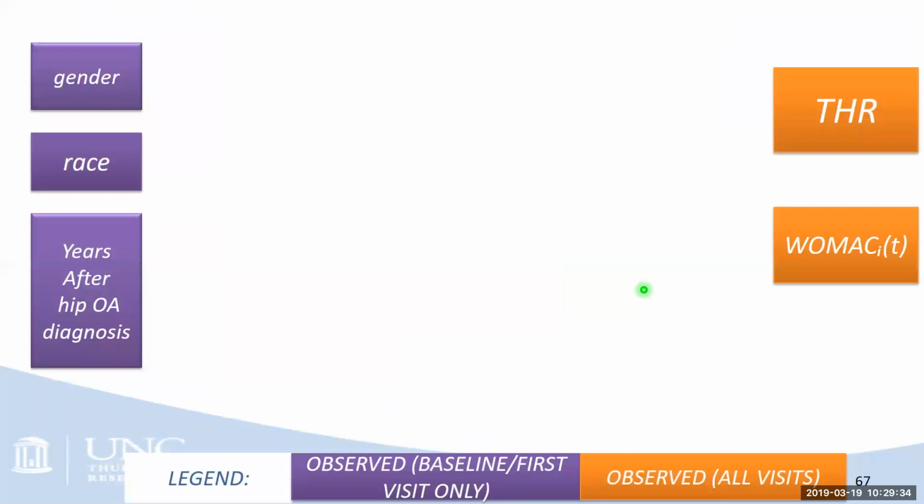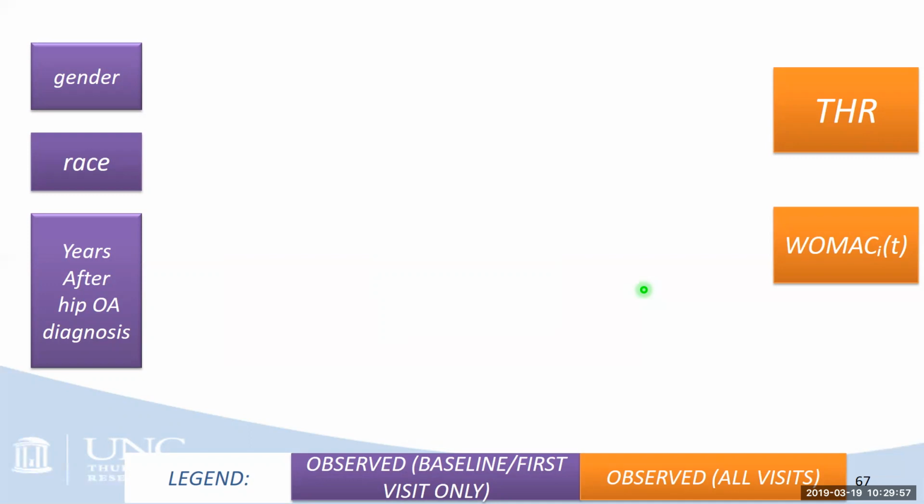Okay, let's continue with this example and separate these different types of covariates this way. Purple square boxes are demographic and clinical characteristics we measure or obtain during the first visit only. And at each visit, the patient report questionnaire is completed, and we can obtain the WOMAC score.